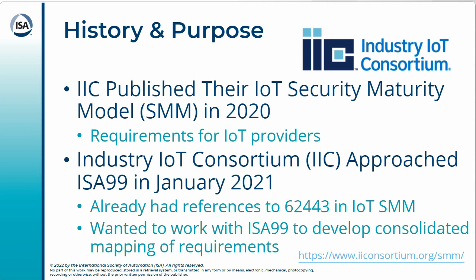So just at the top level, not a requirement by requirement view. And they also took a look at the different elements and sub-elements within the 2.1 asset owner policy document and tried to do some cursory mapping. But they found that it wasn't comprehensive enough to really provide a good mapping to their security maturity model.